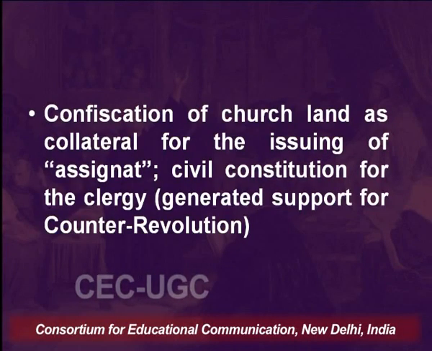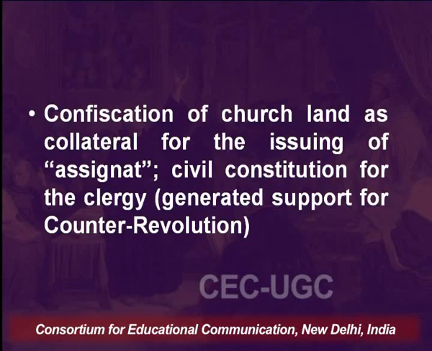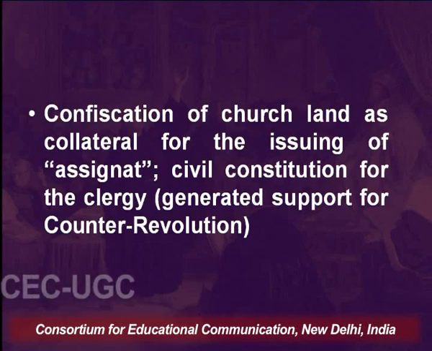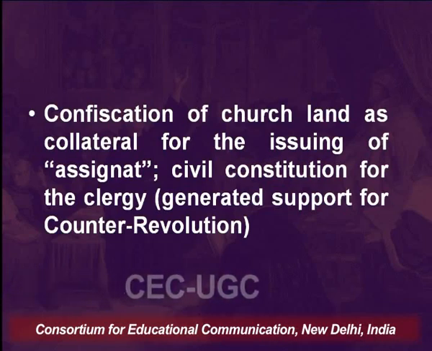Similarly, in the first stage, we also find that laws or provisions were made where the church land was confiscated, and it was confiscated with the purpose of serving as collateral for the newly launched currency in France, that was assignat.